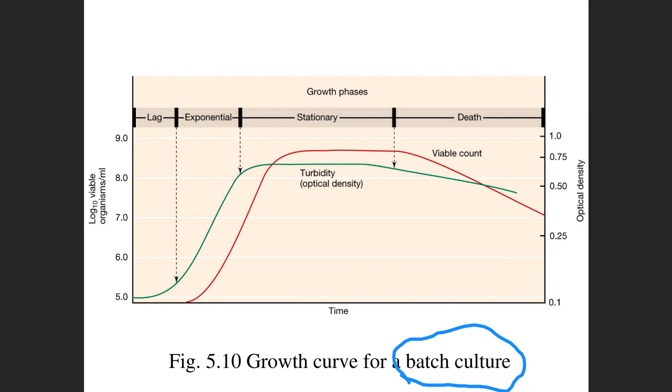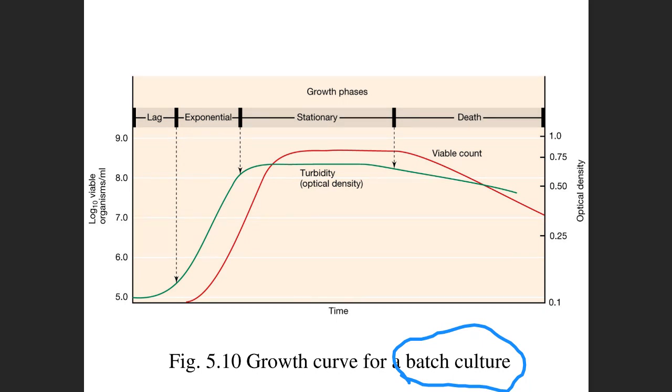Well, why? Because it has to adapt to the environment, and it does take time to make up new things, right? And remember, it takes 30 minutes for E. coli to start growing.